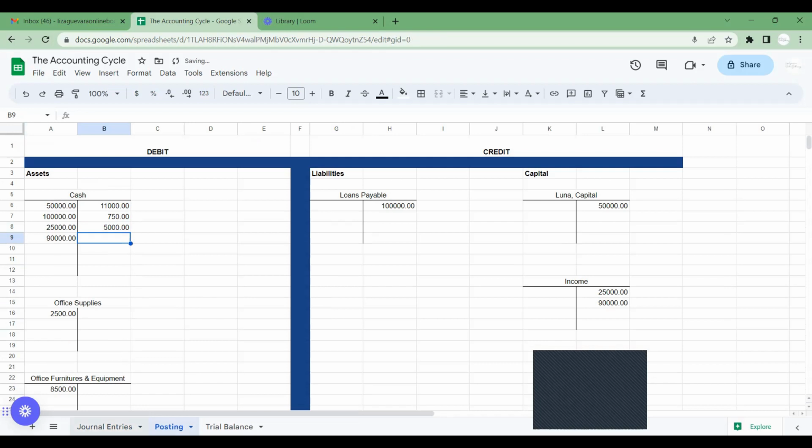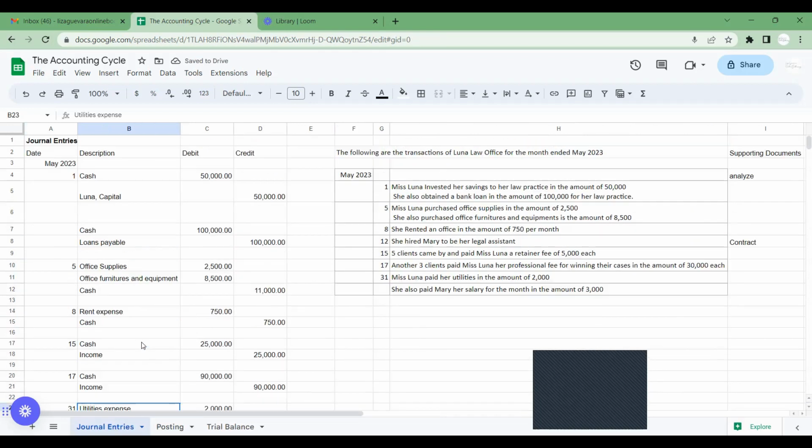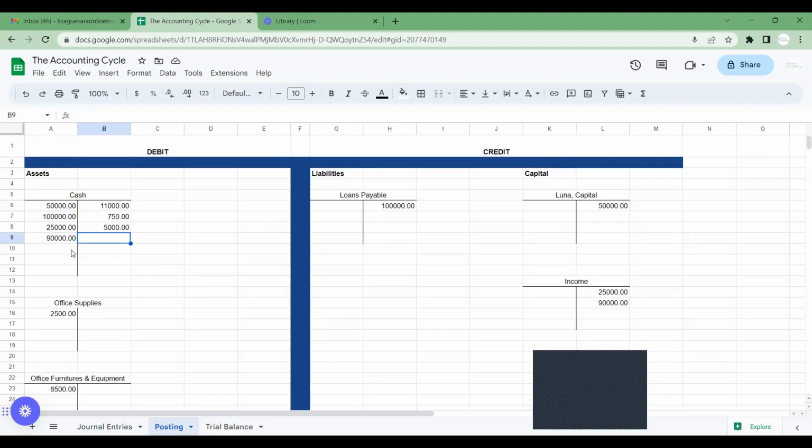Okay. So we are now finished posting all the journal entries. Next we have to get the balances of each of the accounts.